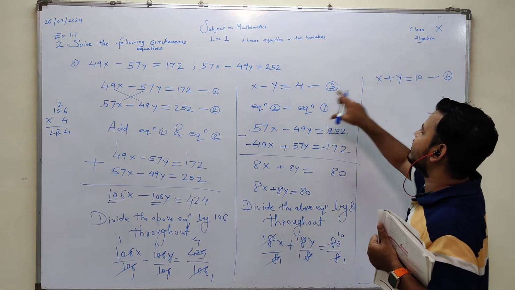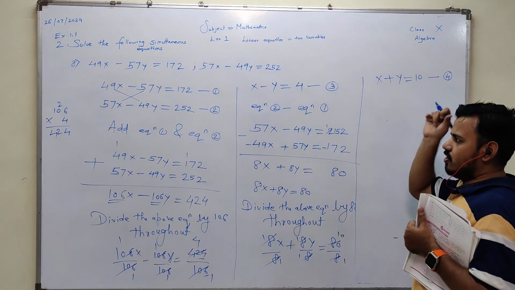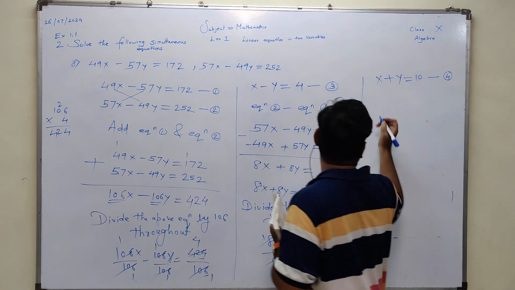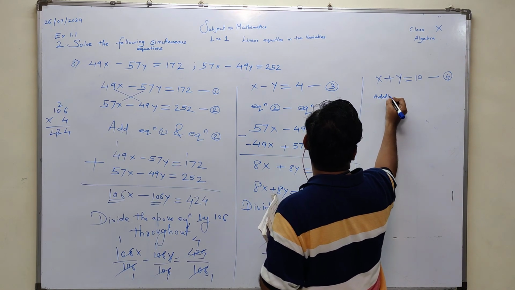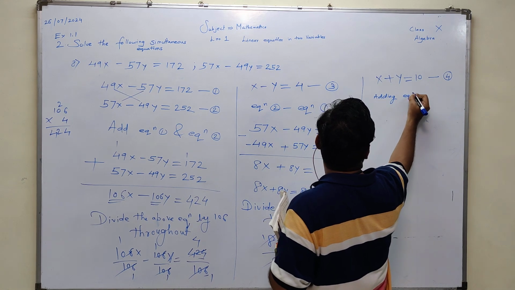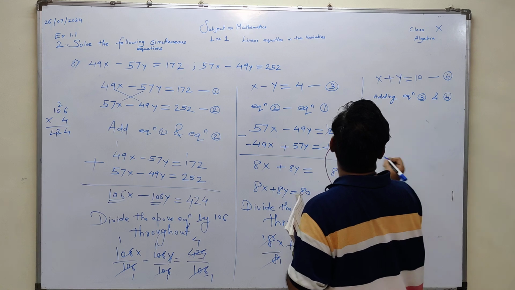So simply add both equations 3 and 4. You will get one value. So what we will do is add equation 3 and equation 4.